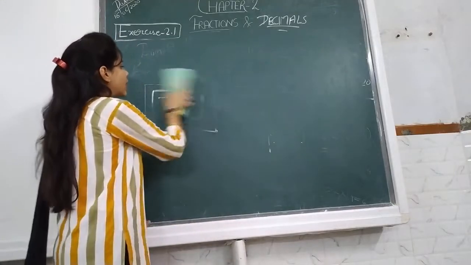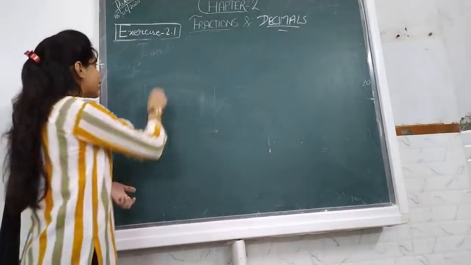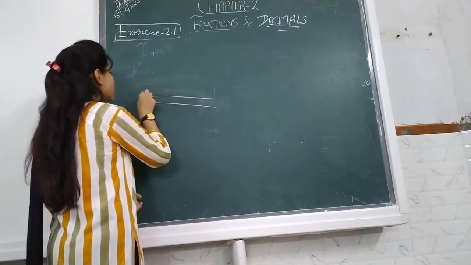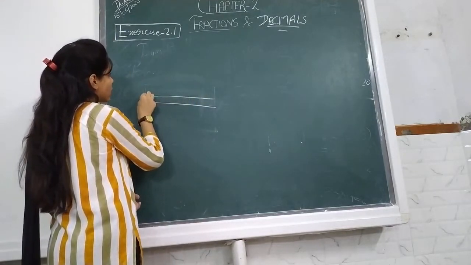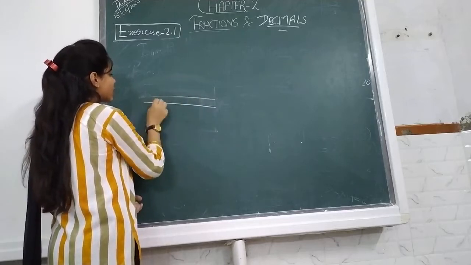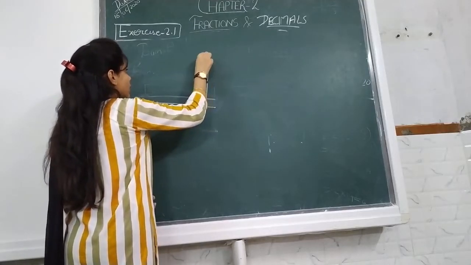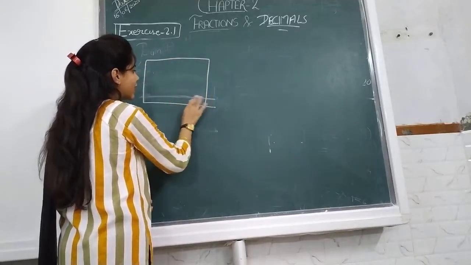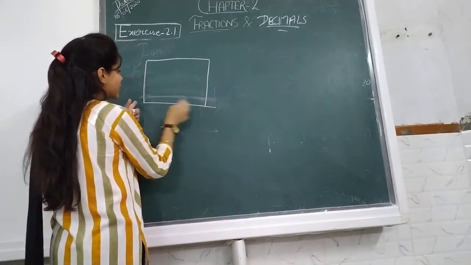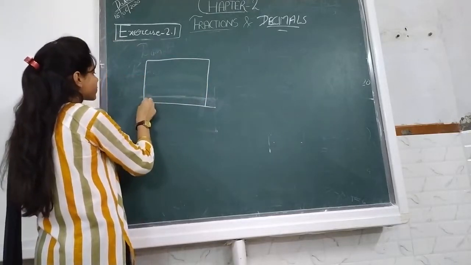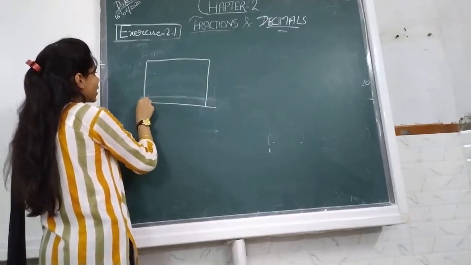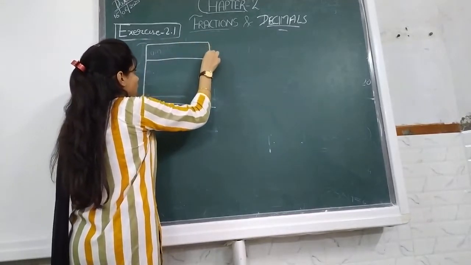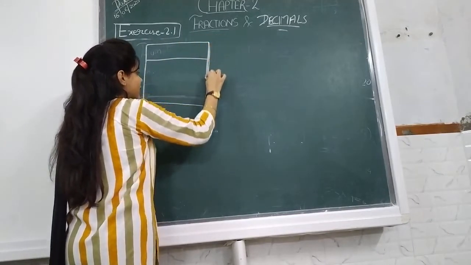Their lengths are the same, but their breadths are not the same. This is a frame, suppose, and this is a picture overlapping in this frame.